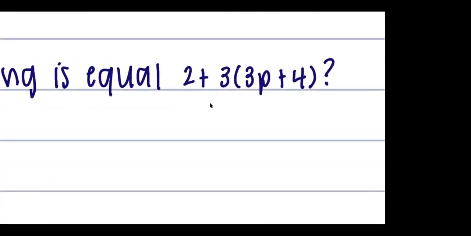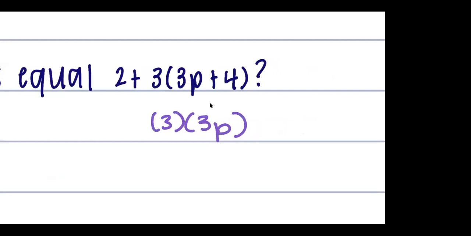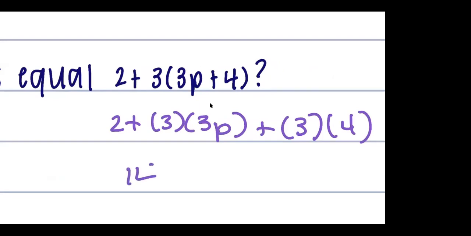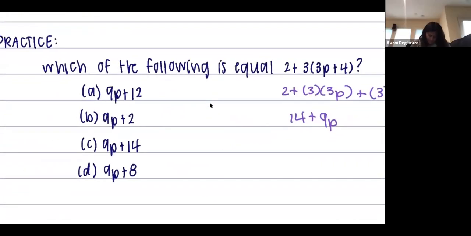Instead, you do 3 times 3p, which is 9p, and then you do 3 times 4, which is 12, and then you add 2, so it's 14 plus 9p, or 9p plus 14. Yep. Good job. 9p plus 14 is the correct answer.